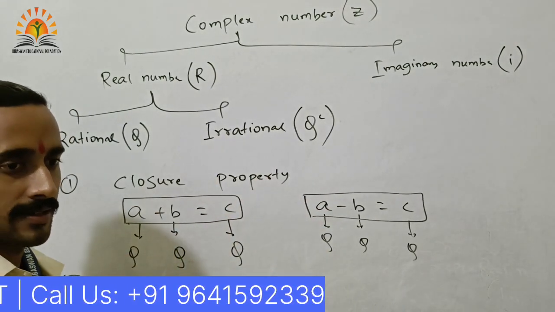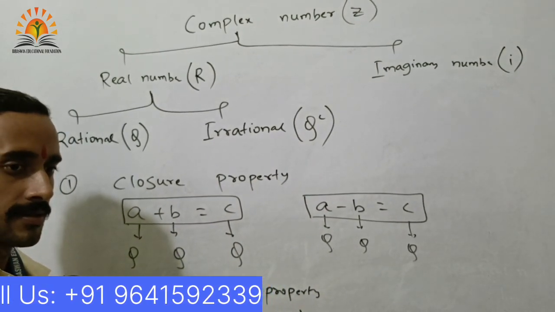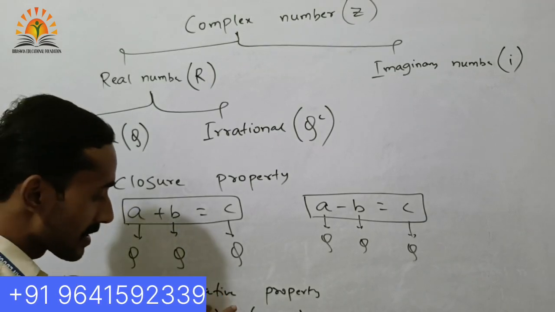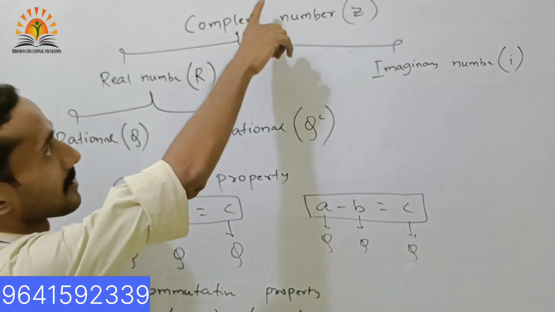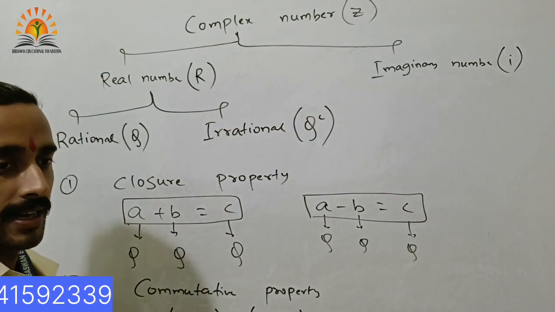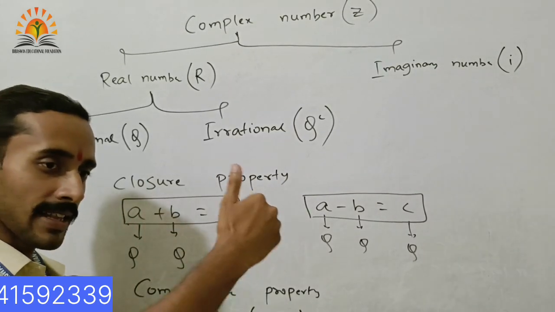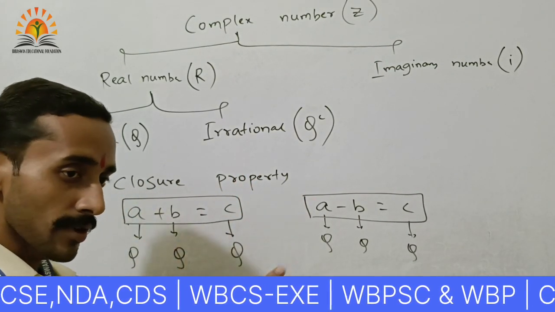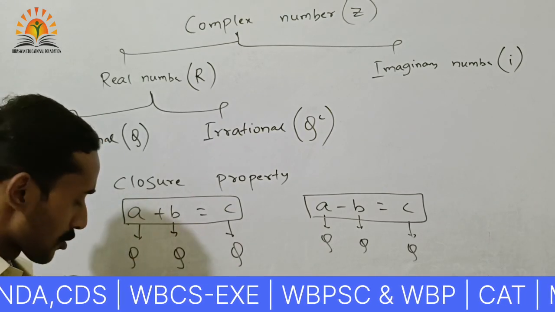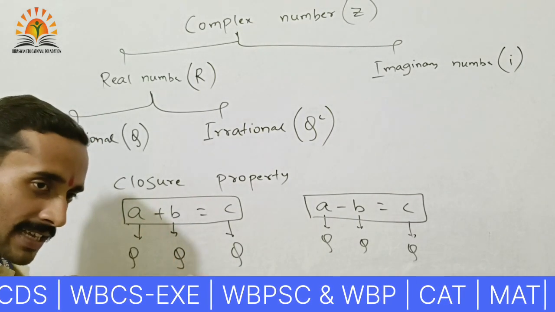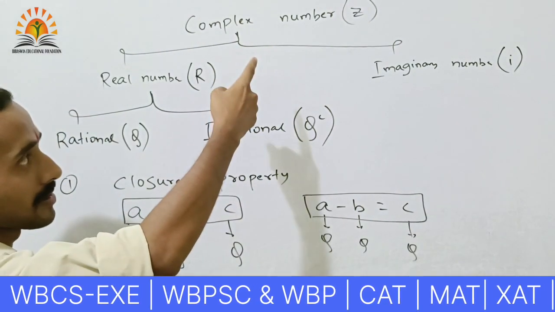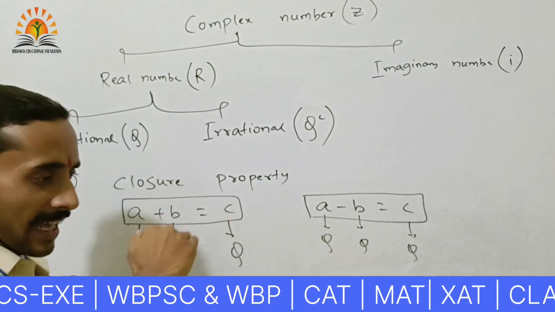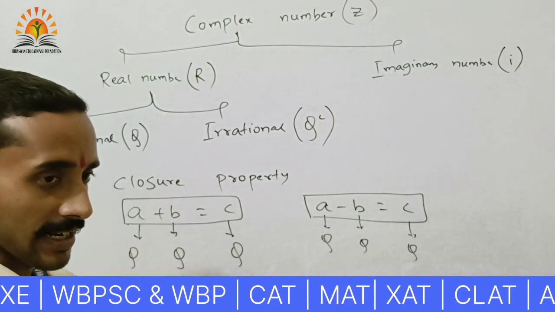But what is the need of this? It is needed because of complex numbers. In complex numbers, the whole system will change a little bit, because there is something else. So this property seems very easy, but when you talk about complex numbers, you face some difficulty.